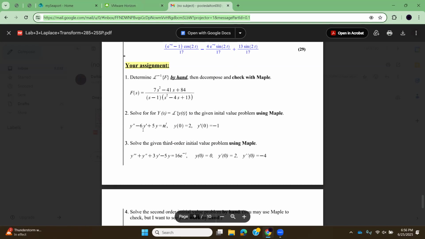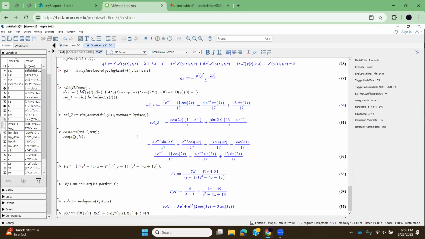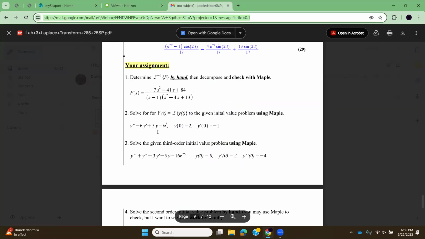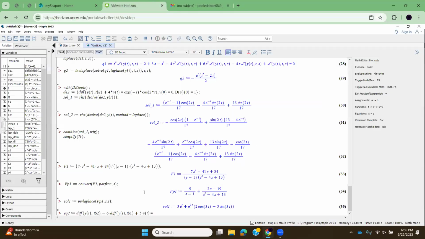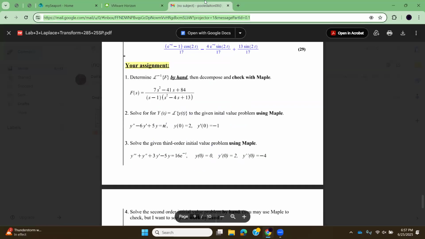It's going to take the first derivative and then plus 5 times y of t equals t times e to the t times exp t. Remember, you have to call the exponential function by using exp.